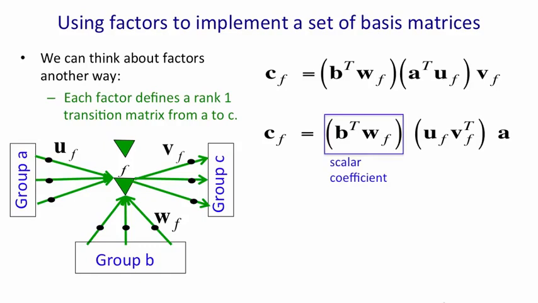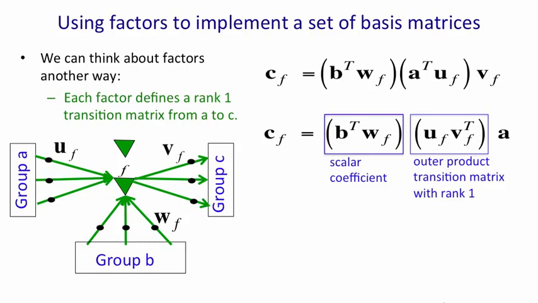So we multiply a rank 1 matrix by that scalar coefficient to give us a scaled matrix, and then we multiply the current hidden state A by this matrix to determine the input that factor f gives to the next hidden state.